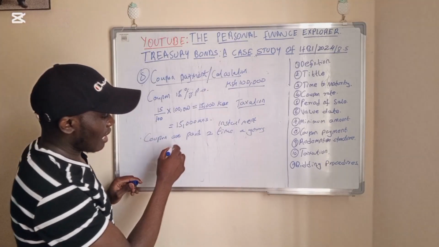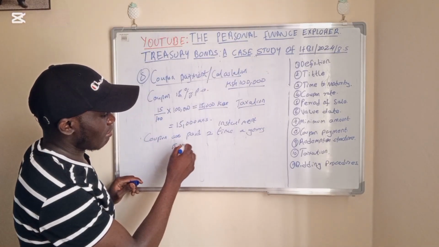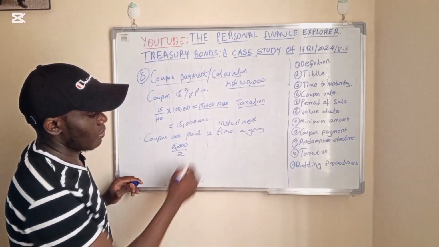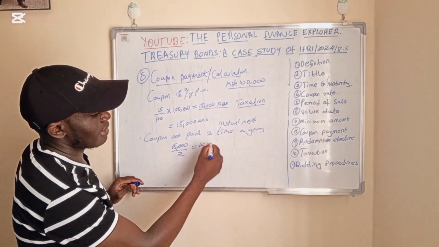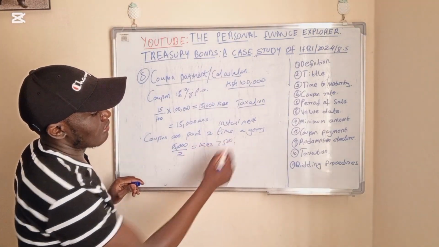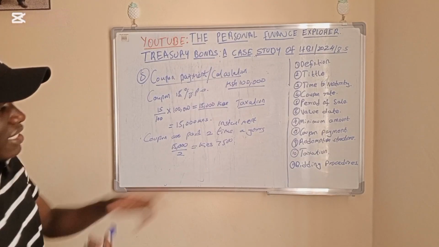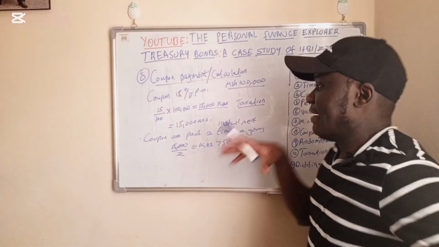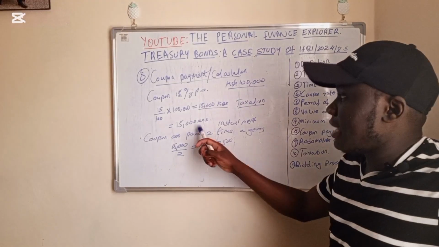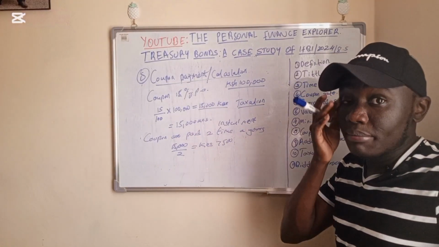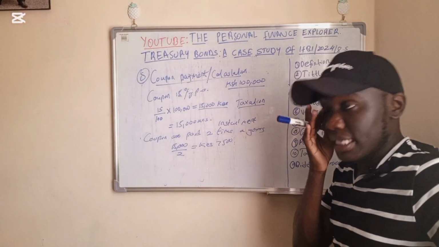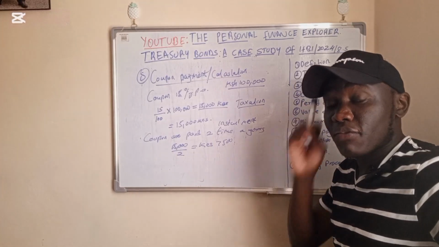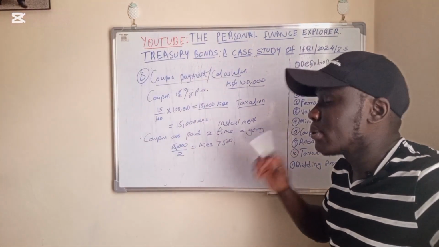And so I'm supposed to get 15,000 per year. I divide this by 2. This comes to Kenya shillings 7,500. So in each installment, I will receive 7,500. So my interest was 15,000 per annum, but coupons from bonds are paid in 2 installments per year.